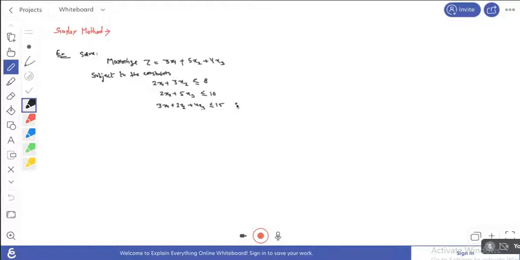Your decision variables are x1, x2, and x3, and these are greater than or equal to 0.